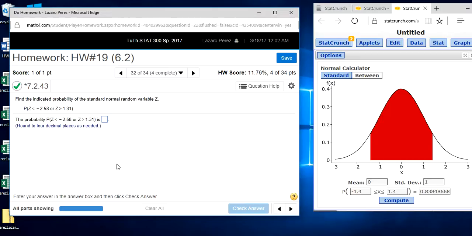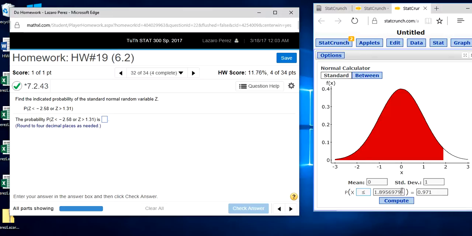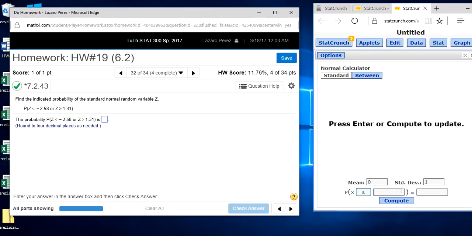All right, so for this one, all you've got to do basically is find the area of this one, then the area of the second one, and just add them together. So when z is greater, no, less than actually, negative 2.58.